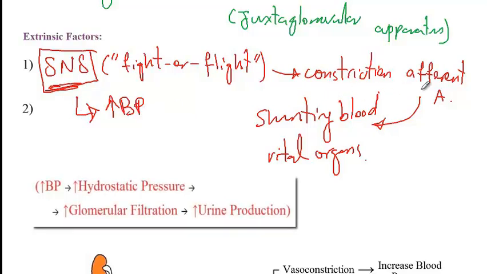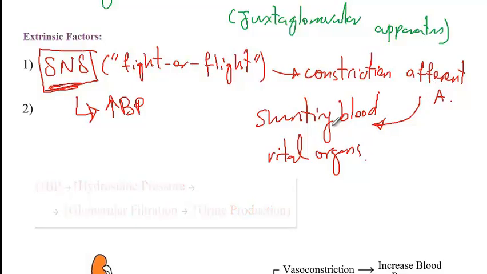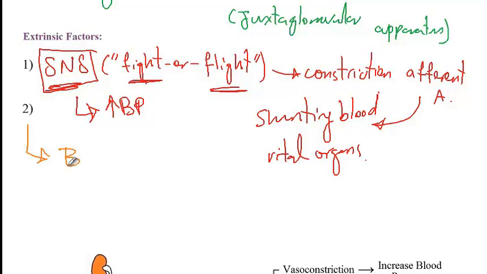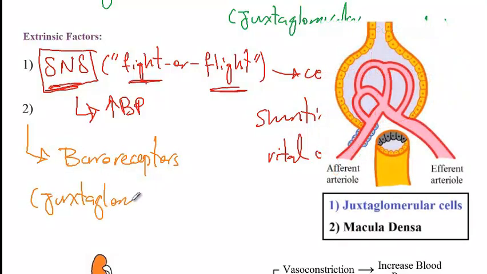But then at the same time, by constricting the afferent arteriole, it lets more blood shunt to other vital organs, like for instance muscle, in order to be ready to either fight or flight, depending on the situation. And then the second extrinsic mechanism is via the baroreceptors that are located in the juxtaglomerular cells of the afferent arteriole.